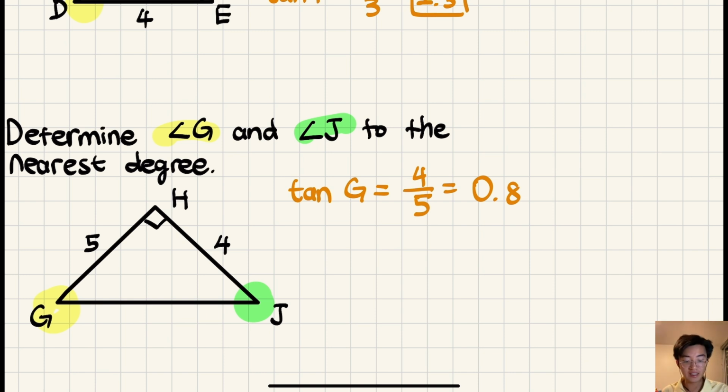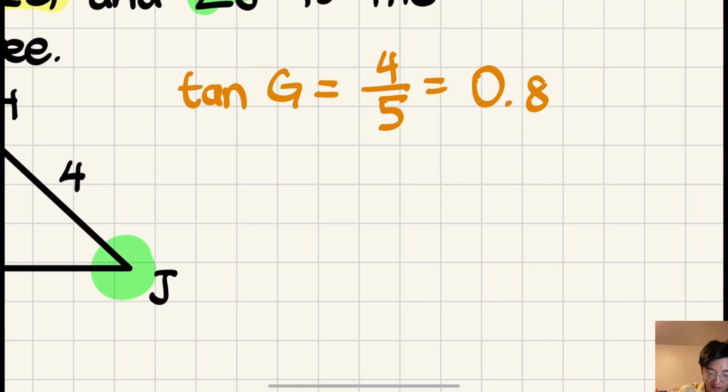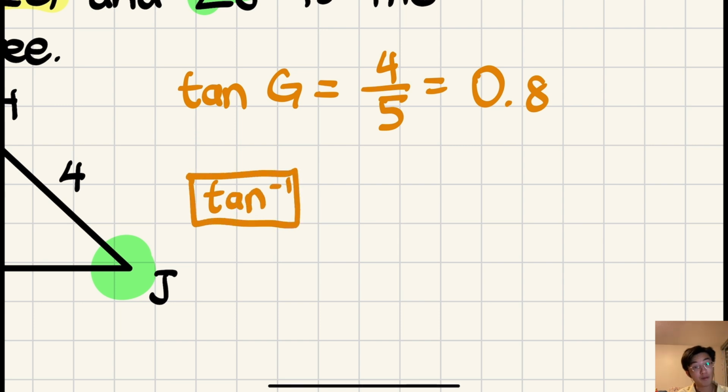So now what we have to do is in our calculator, you should see a function called tan inverse. Right? So on your calculator, you're looking for a button that looks like this. Tangent inverse right here. And with most people, it should be right above your tangent button.